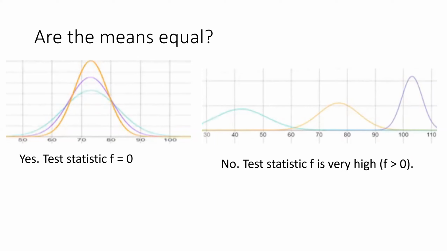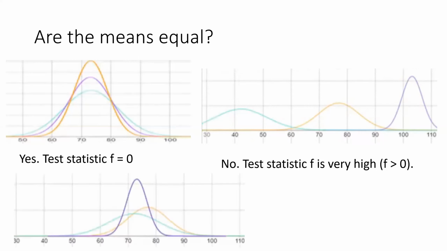And in this case, our test statistic would be very high, way greater than 0. In our case, it's not exact, right? It could be yes, could be no. So we have to actually conduct a test.